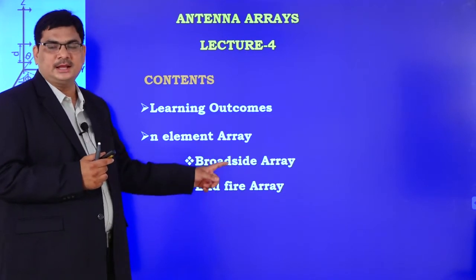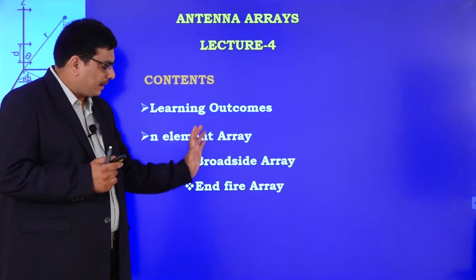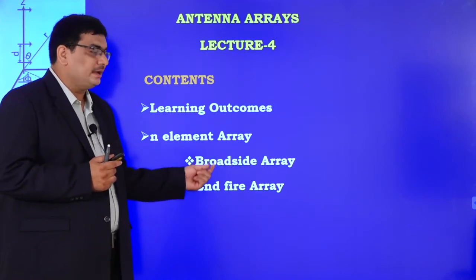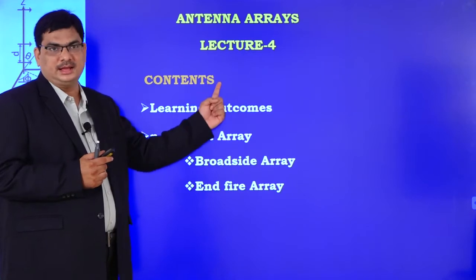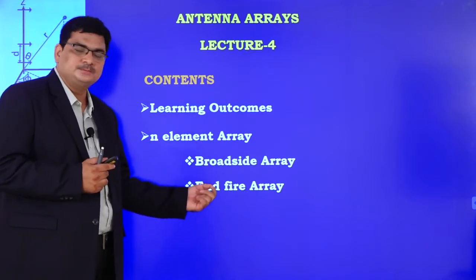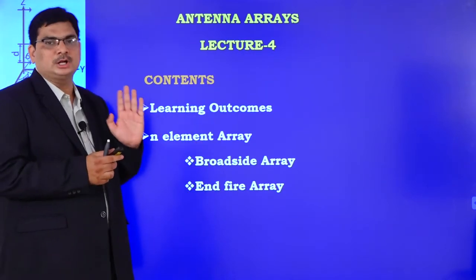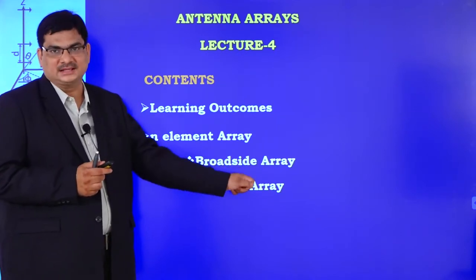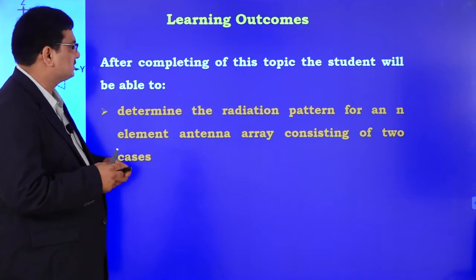In the broadside array, elements are perpendicular to the axis, but the radiation is perpendicular to the axis. In the end fire case, elements are perpendicular to the axis, but the radiation is along the axis. So, this is what we are discussing in this topic.